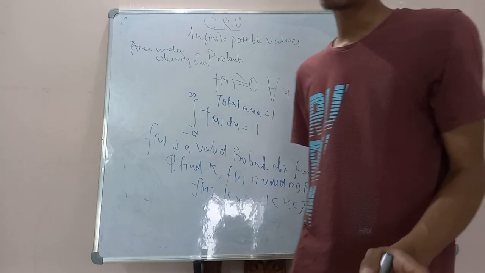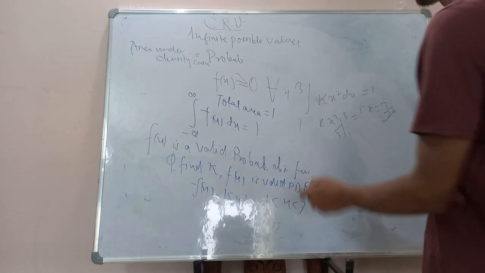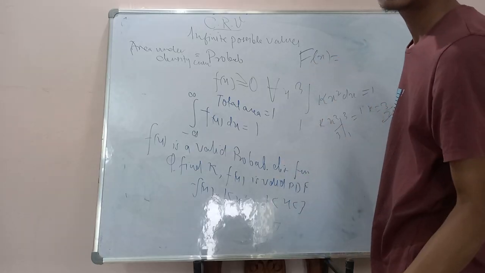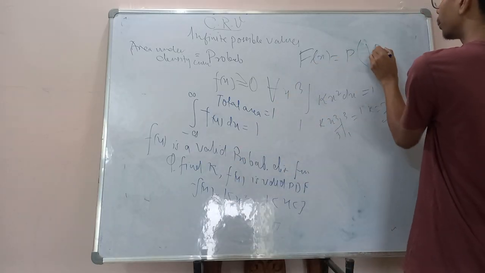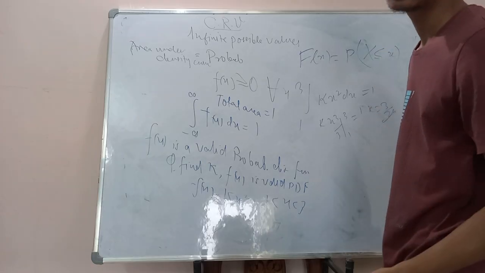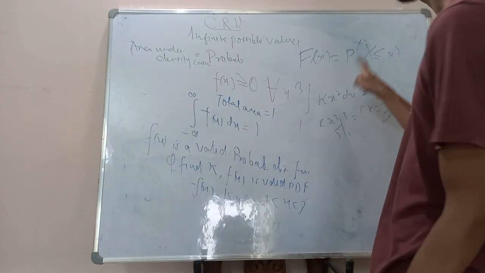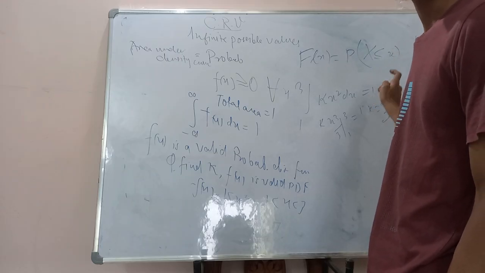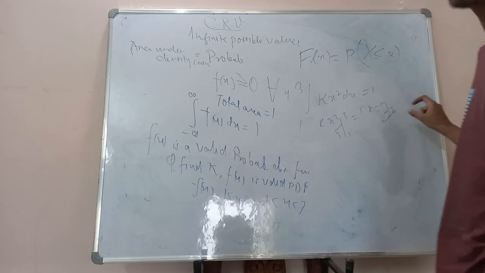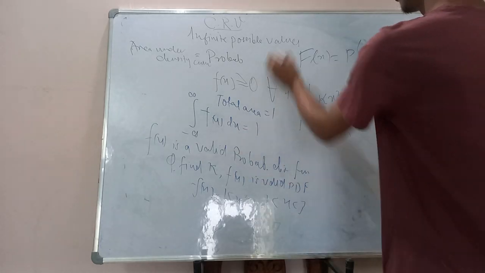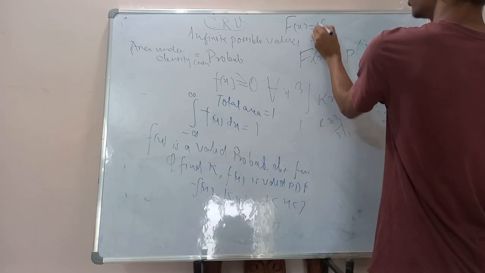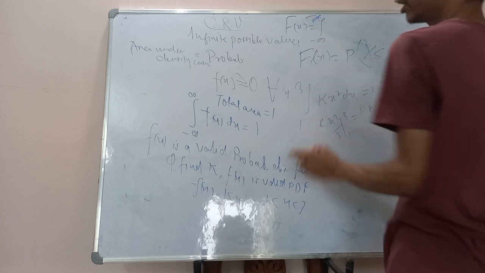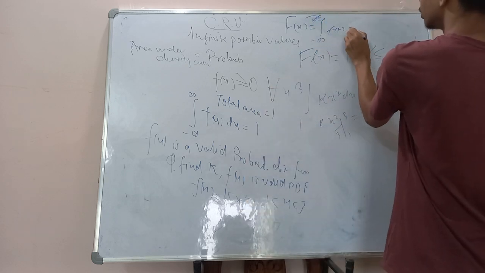Now I have the cumulative distribution function. This is capital F(x), the probability that the random variable x is less than or equal to a given value. It is the area under the probability density function, so F(x) is the integral from minus infinity to x of f(t) dt.